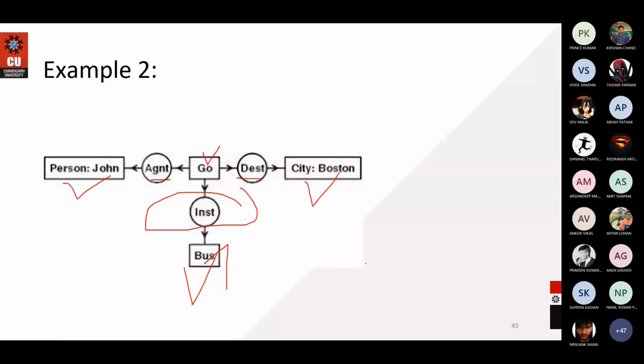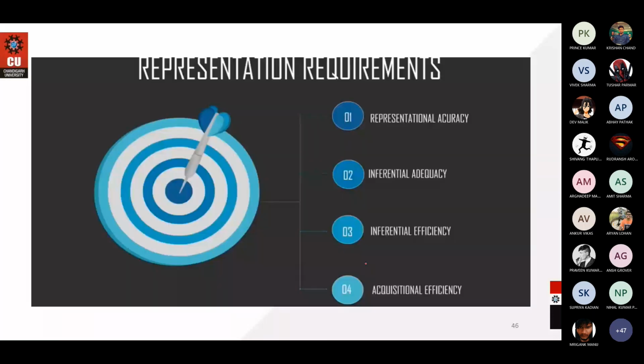So this is how the conceptual graph works, and these are basically four major requirements that we discussed in yesterday's lecture also. The representation requirements are representational accuracy, inferential accuracy, inferential efficiency, and acquisitional efficiency.